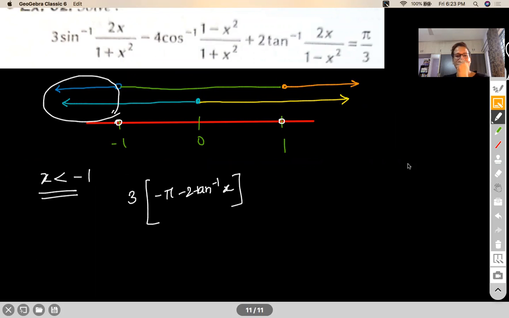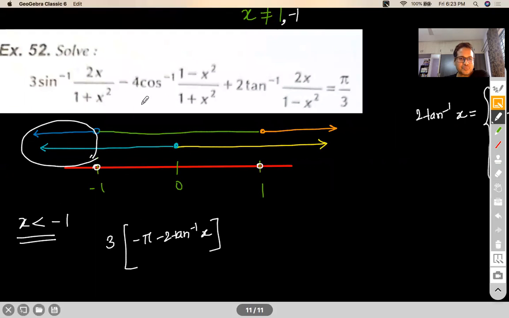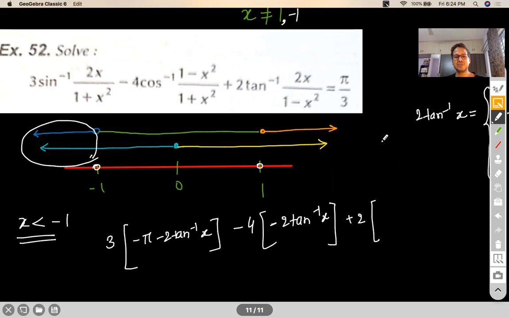Now what about the next term? -4 cos inverse, this will behave as -2 tan inverse x, because for x less than -1 it's negative. And this fellow, correct me if I'm wrong, has to come in the third quadrant, so it cannot be pi, it will be minus pi plus.